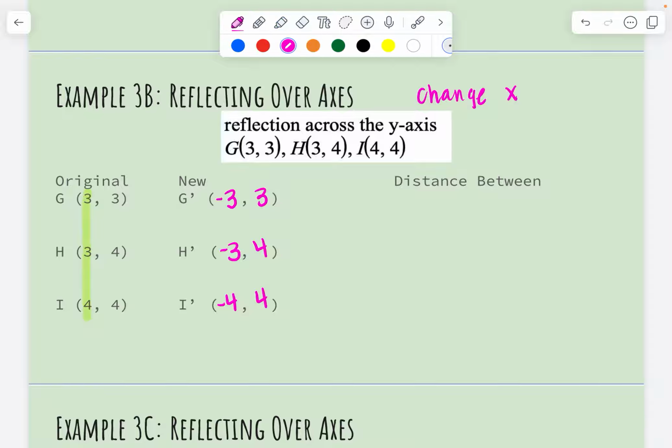To find the distance between them then, we're just going to look at our x's. From positive 3 to negative 3 is 6. Distance is always positive. From 3 to negative 3, again, is 6. And from 4 to negative 4 is 8. So the new x values are 6 units apart, 6 units apart, and 8 units apart.